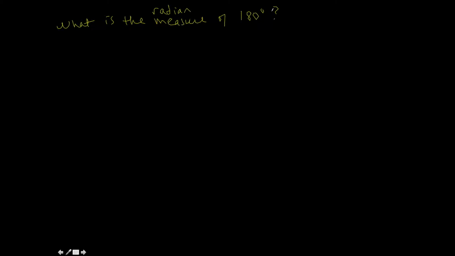That's half a circle. So we know that the circumference of a whole circle is the arc of the whole circle. So if we're looking at half the circle, then our arc is going to be the circumference divided by 2, or 2 pi r divided by 2. So for a 180 degree measure, the arc would be pi r, the arc length.